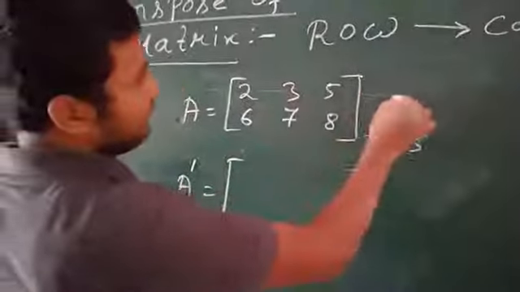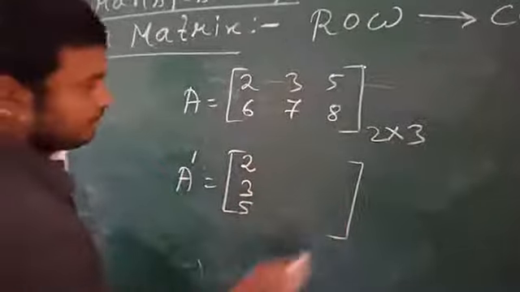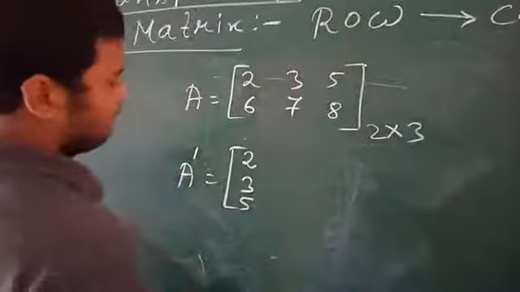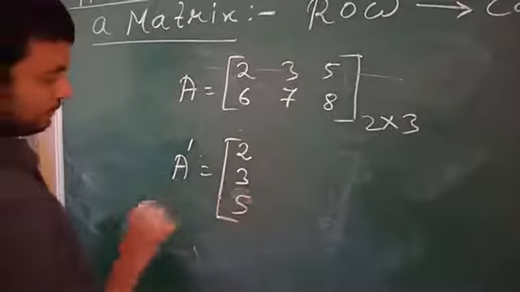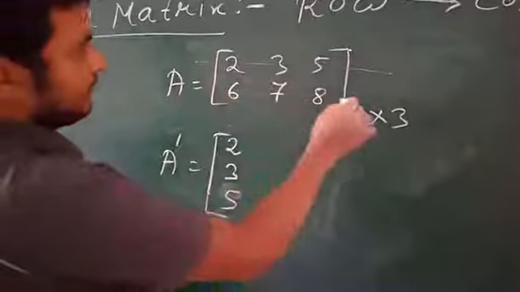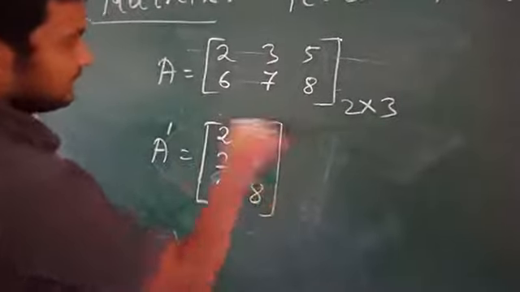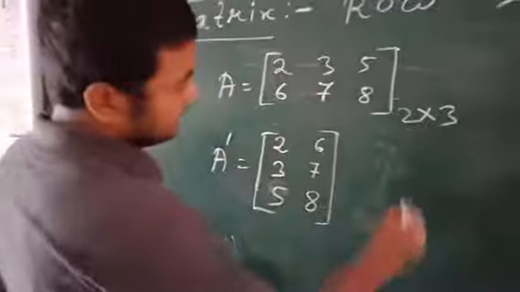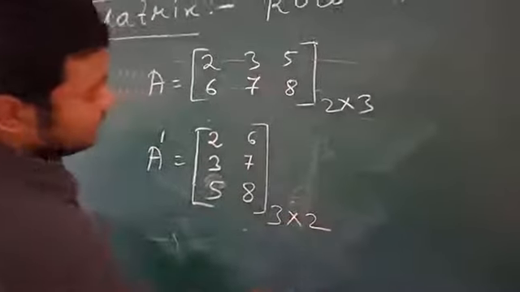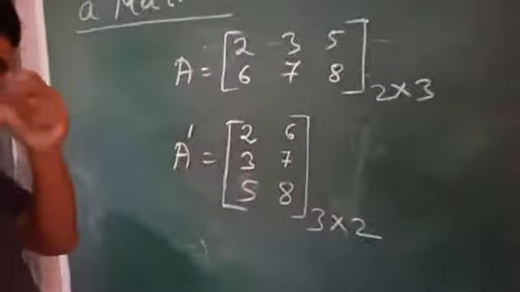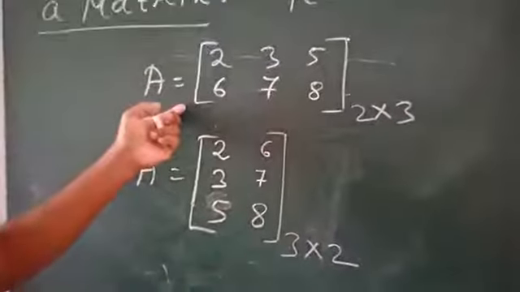This is the first row, so I will write it as column 2, 3, 5. This is the second row, I will write it as column 6, 7, 8. So this is the transpose. Now this is of order 2 by 3, so it will be of order 3 by 2. So this is the transpose of this matrix.